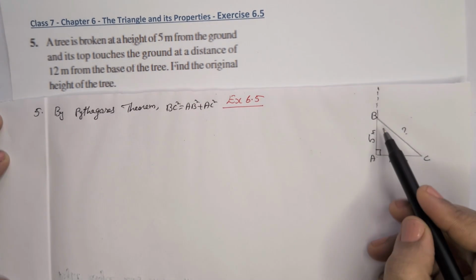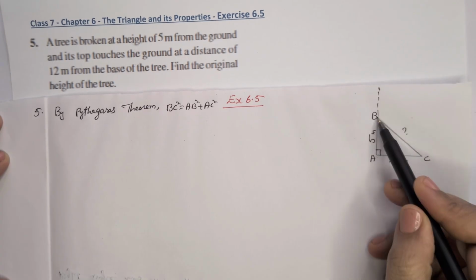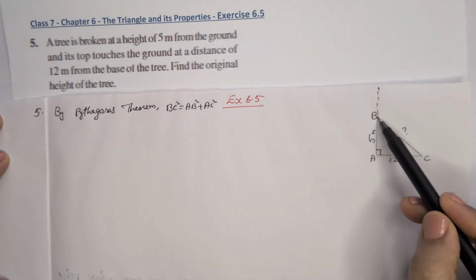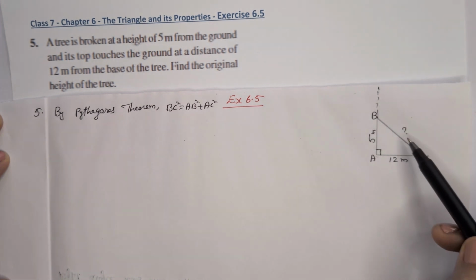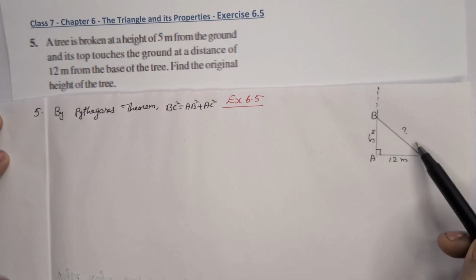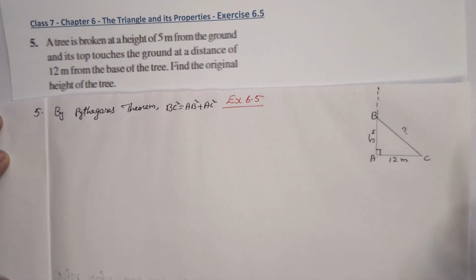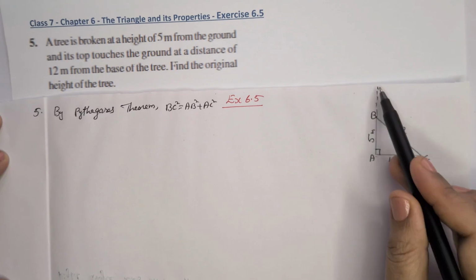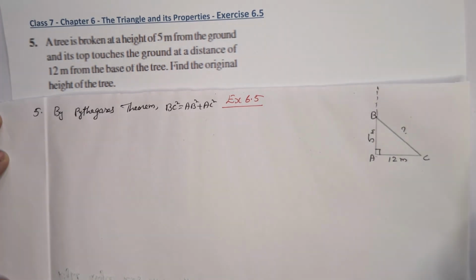To find the original height, AB is here, the remaining part is there, and BC is the part that broke. So we have to find BC first, and then AB plus BC. It was straight like that, and that is the original height.